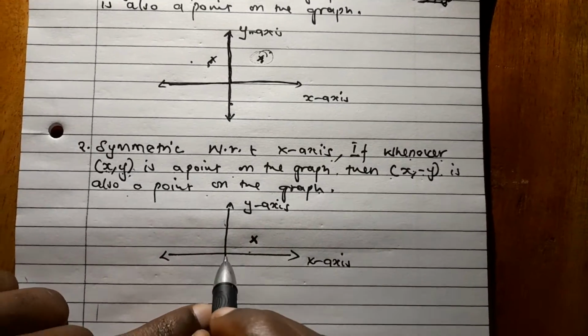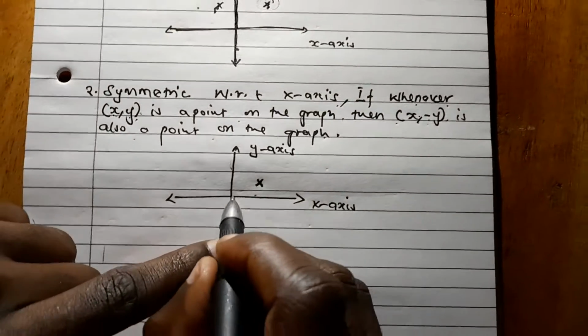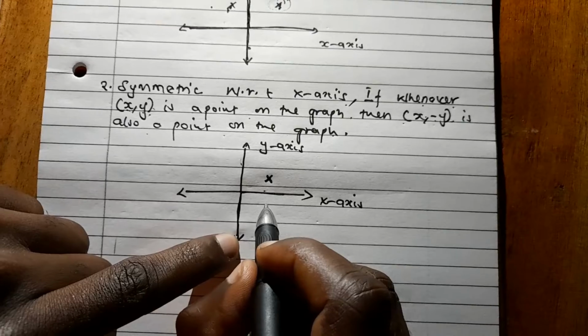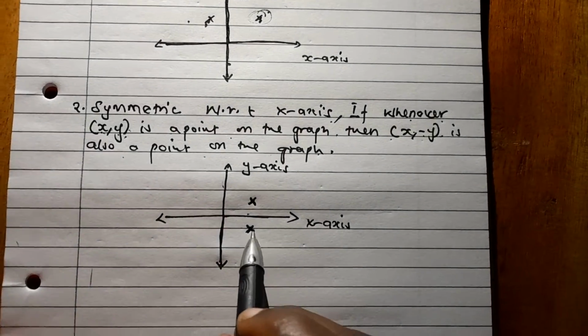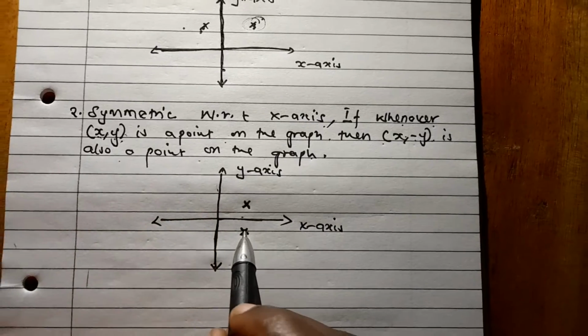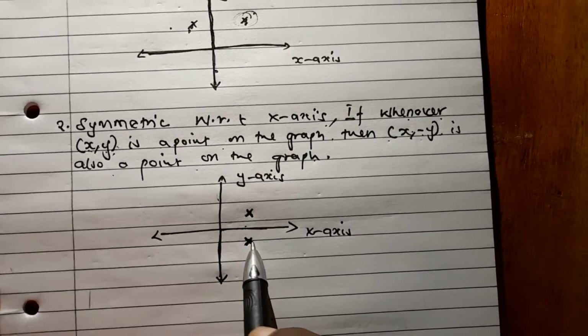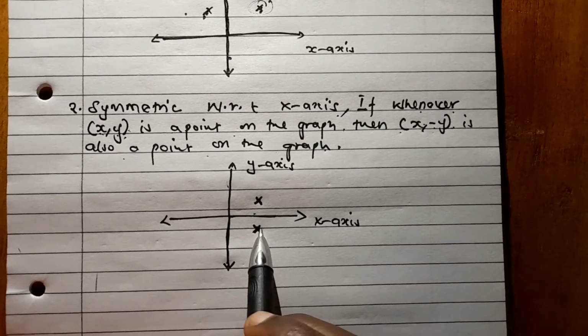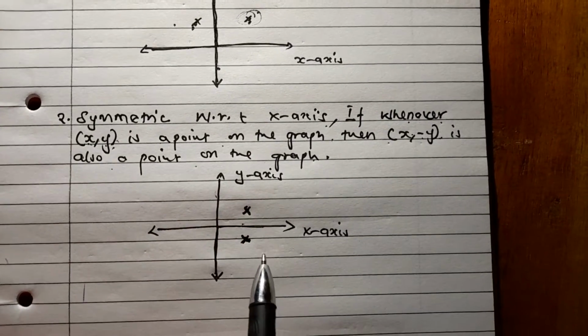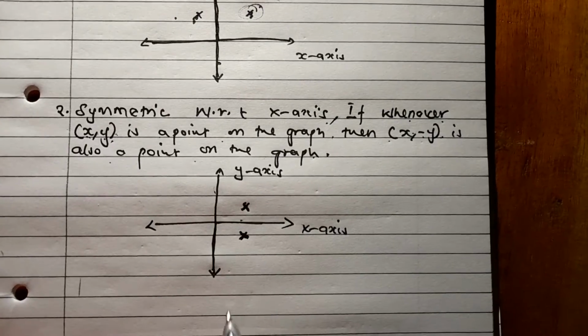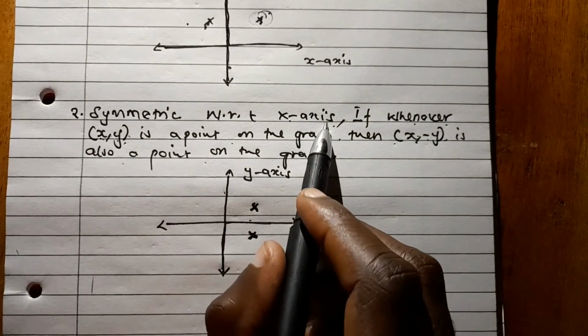We know the negative y-axis is here, the positive is here. So x comma negative y will be some point here. And that is why we are saying this means that the portion below the x-axis is actually a mirror image of the portion above the x-axis. And with that, we will say that a function is symmetric with respect to the x-axis.